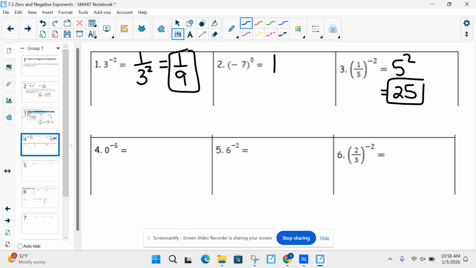Okay, number 4, Brock? Not quite. You're thinking if it's 0 to the 5th power it would be 0, but if it's negative 5th, we have to flip it first. So 1 over 0 to the 5th power. And if you have 1 over 0, then that's undefined, because you can't have 0 in the denominator.